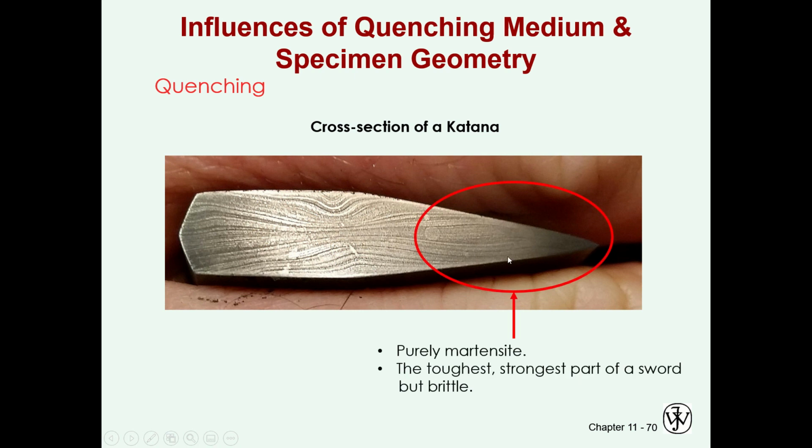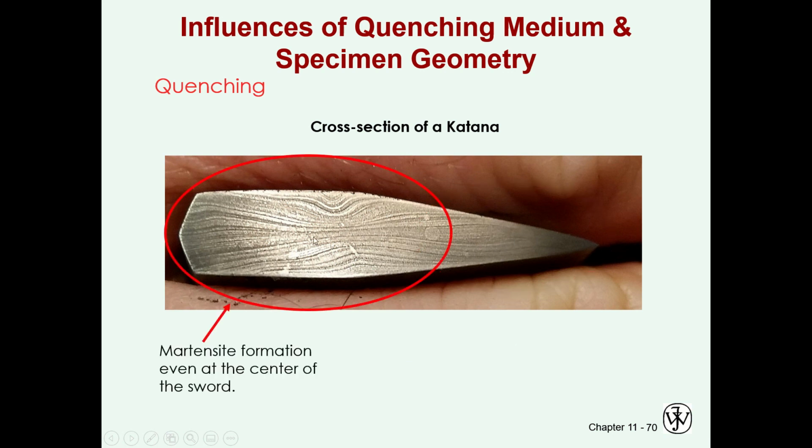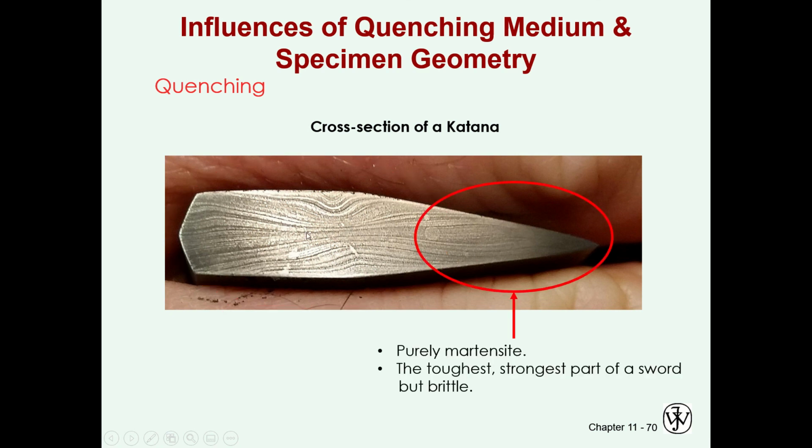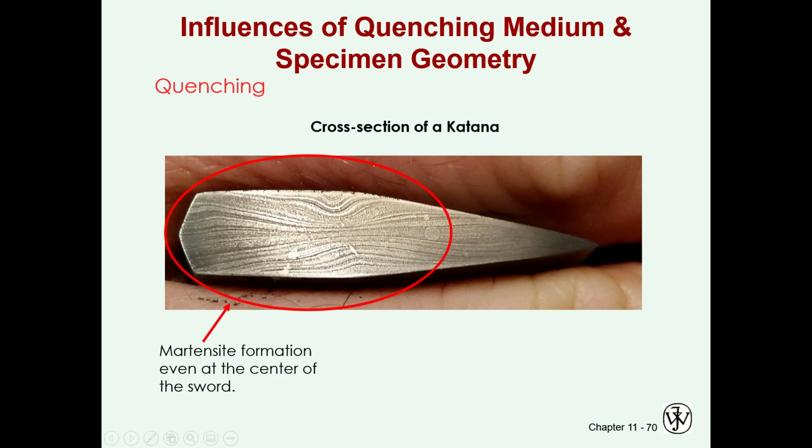So this end is purely martensite, because you can see the fibers are densely compact. This is purely martensite and this is the strongest part of the sword, but it is also the most brittle. Martensite formation also happens here, but very low, in the middle. So it means that this katana has been quenched properly.